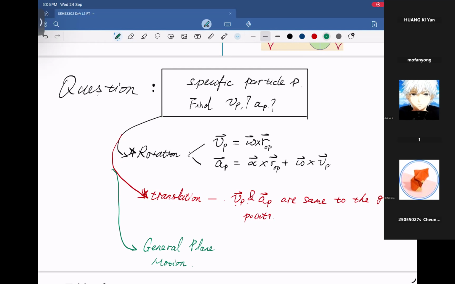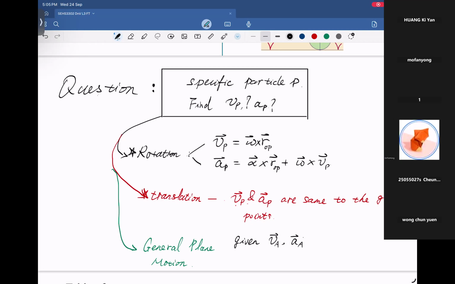The question becomes: given vA and aA for a given point, we want to find vP and aP for the unknown point.